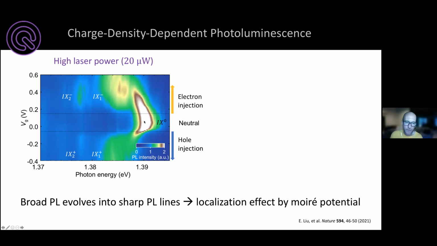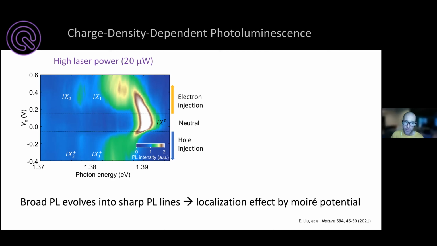But what we found is that below the energy of the interlayer exciton, there were many, many features, which we labeled kind of interlayer exciton 1 minus and 2 minus, when the sample was injected with electrons. So on the electron side, we saw these emission peaks, but also on the hole injection side, you saw these similar peaks.